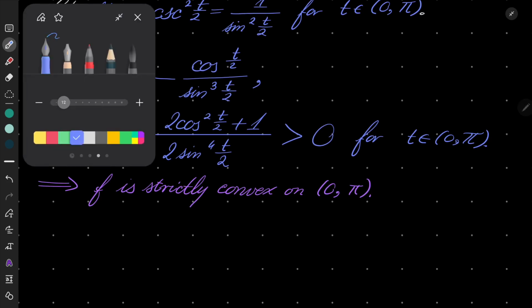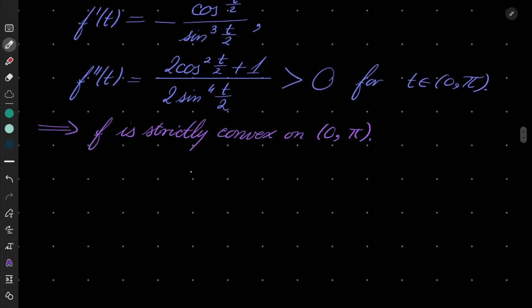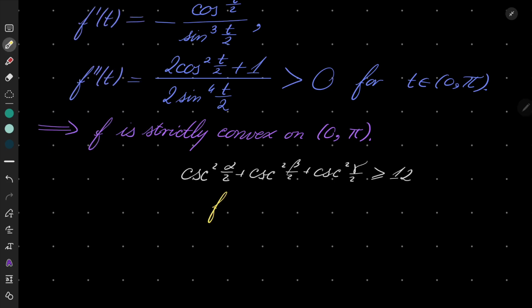And now let's notice what we wish to prove. We wish to prove that cosecant squared of alpha over 2 plus cosecant squared of beta over 2 plus cosecant squared of gamma over 2 is greater than or equal to 12. And notice that this can be written in an equivalent way: f of alpha plus f of beta plus f of gamma, over 3, is greater than or equal to 4.